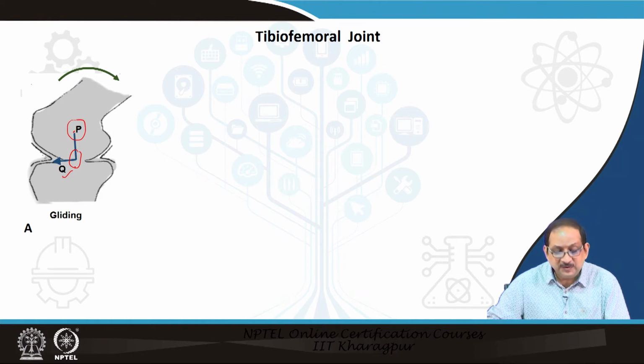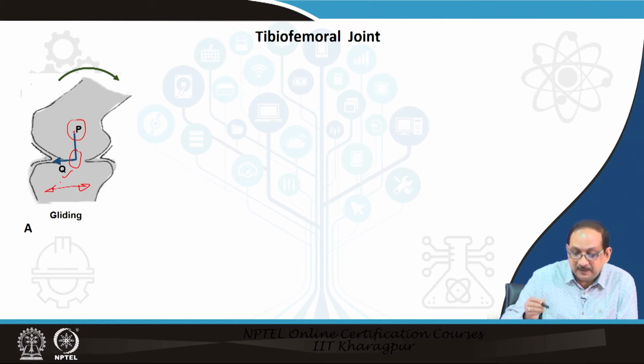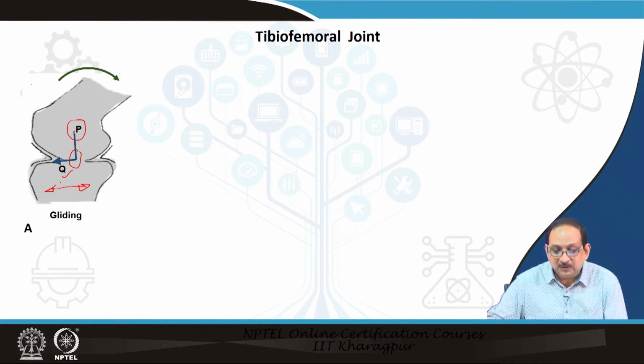The line Q is tangential to the tibial surface, indicating that the femur glides on the tibial condyles during the measured interval of motion.